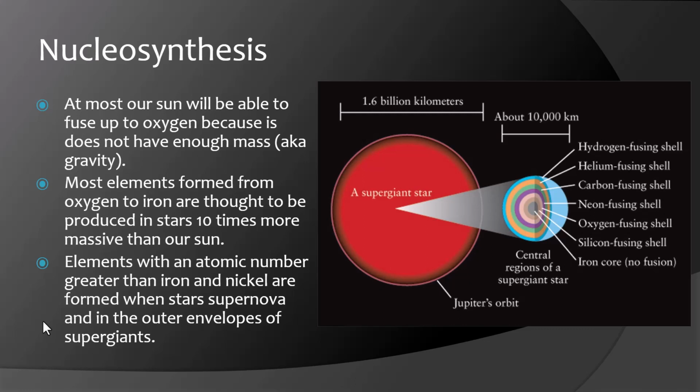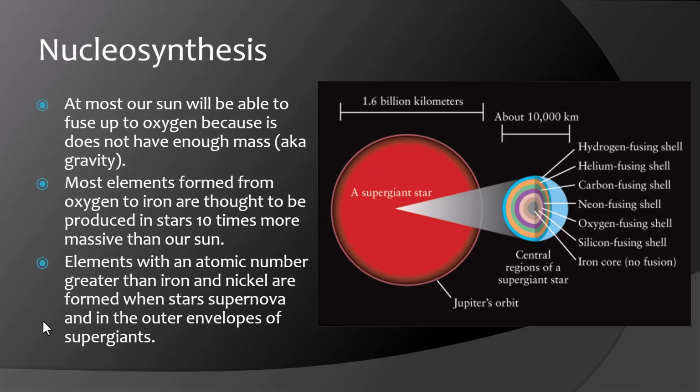Now, most elements formed from oxygen up to iron are thought to be produced by stars as much as 10 times greater than the mass of our current sun. And for some reason, they don't understand why, once we reach iron, that is where no fusion can occur.